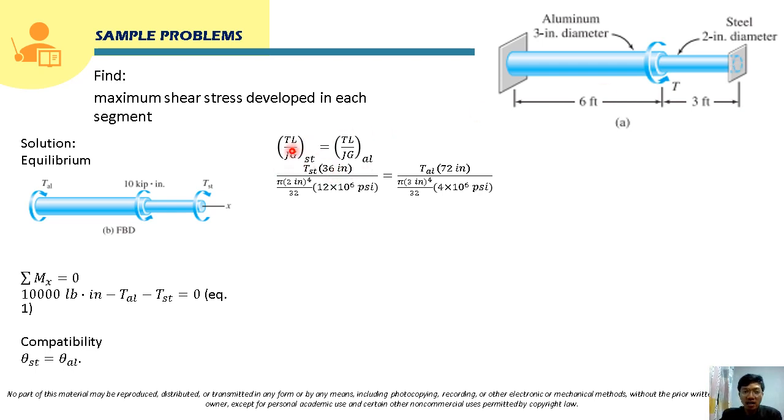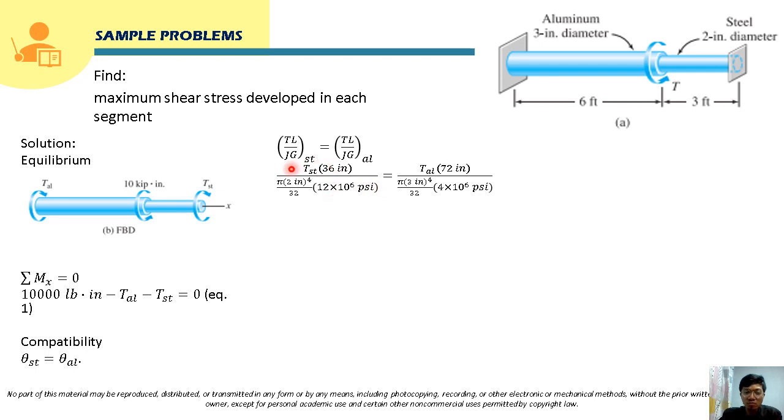Over our polar moment of inertia for steel, class. Its diameter is 2 inches. The formula for that is pi d to the fourth over 32, and our diameter here is 2 inches. For our modulus of rigidity, this is given. For steel, this is 12 times 10 raised to 6 psi.